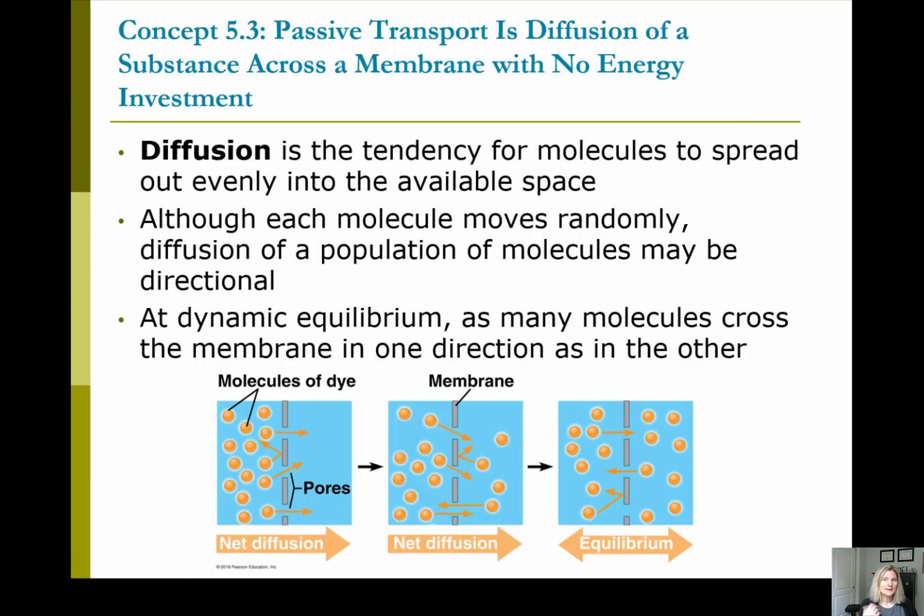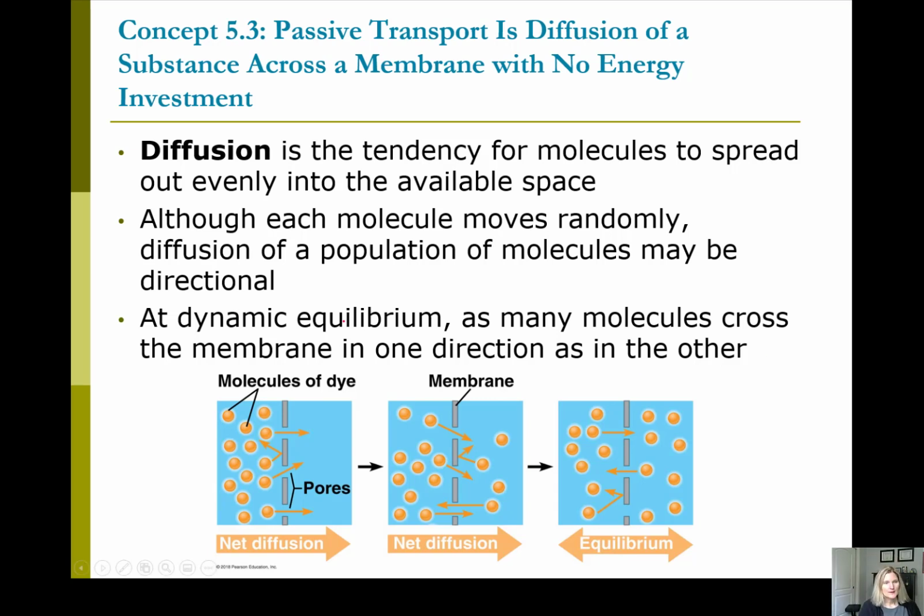Okay, so let's get into what both the Amoeba Sisters video and this last video talked about, which was diffusion. So what is diffusion? Diffusion is basically the tendency of molecules to spread out evenly into the available space. Typically it's a random motion where molecules want to spread out and stay spread out.